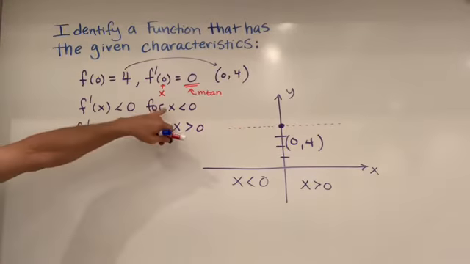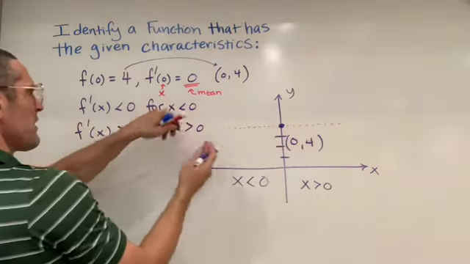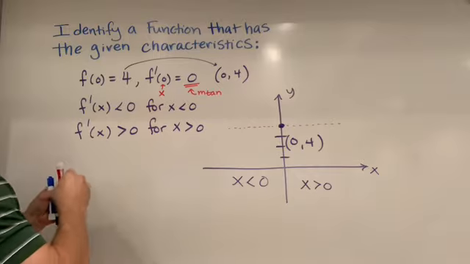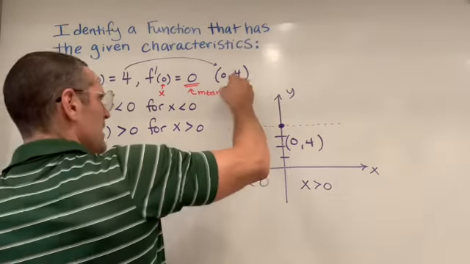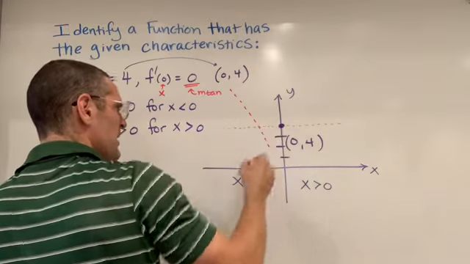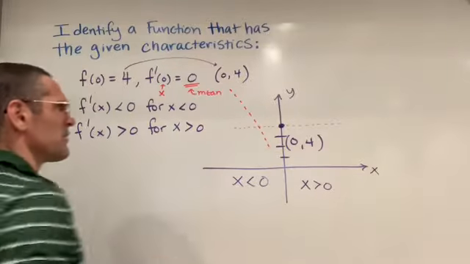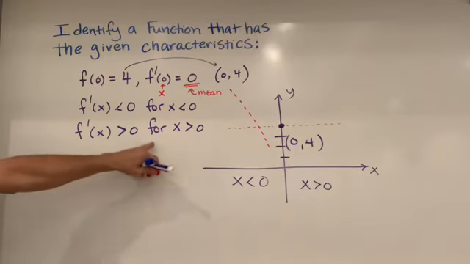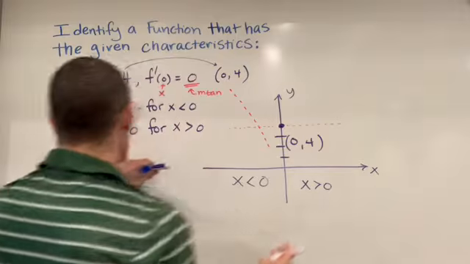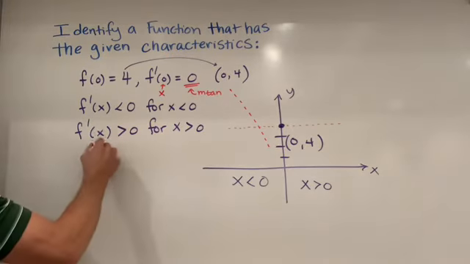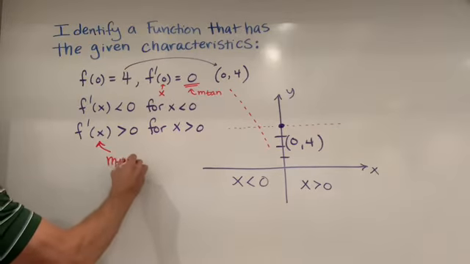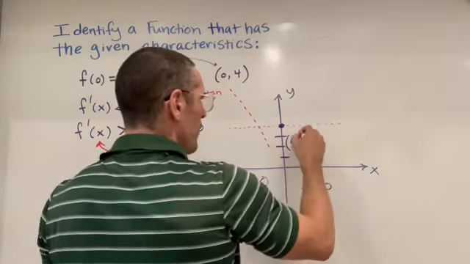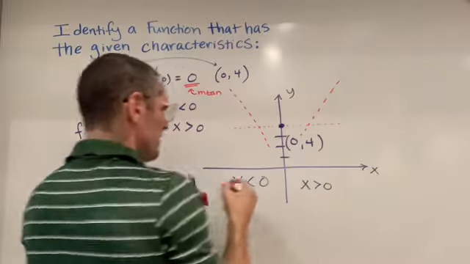It's saying when x is negative, so over here, our derivatives are negative. Our derivatives are the slope of the tangent. We're going down, down, down like that. When x is positive, so over here, our derivatives, remember, the slope of the tangent line is positive. So over here, we have positive tangent lines.